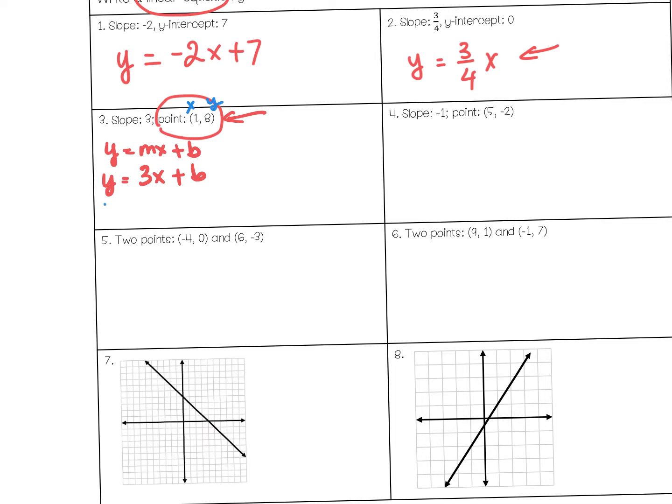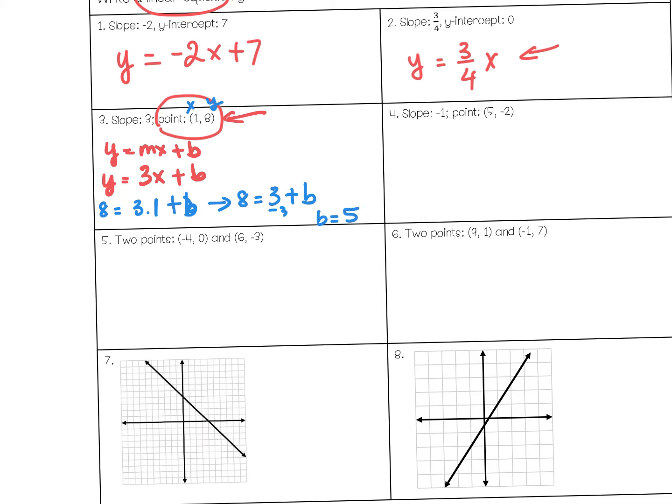So y is 8, x is 1. So 8 equal to 3 times 1 plus b. Oops, that's my b. So we have 8 equal to 3 plus b. Subtract 3 on both sides to find b. So 8 take away 3, b is 5.